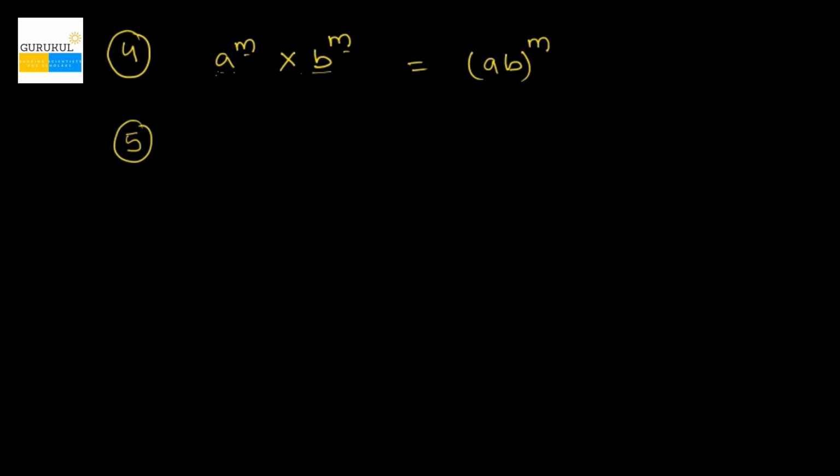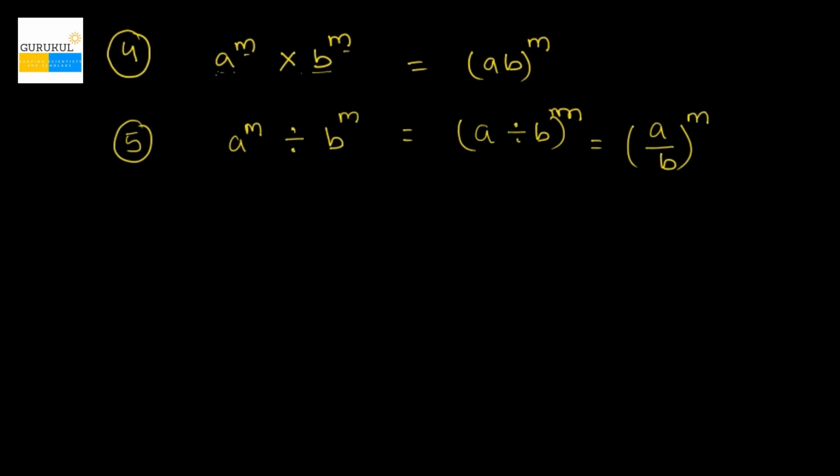Similarly, a raised to the power m divided by b raised to the power m, we can write as a divided by b raised to the power m, which can also be written as a by b raised to the power m. We will call 5 and 6 the laws with same index.